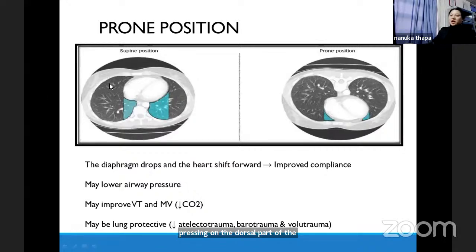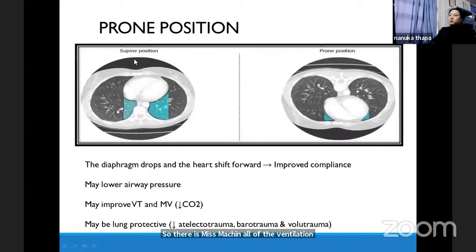And also in ARDS, the ventral part of the lungs is already edematous and heavy compared to the normal lung. It's pressing on your dorsal region. So there is mismatching of the ventilation perfusion.